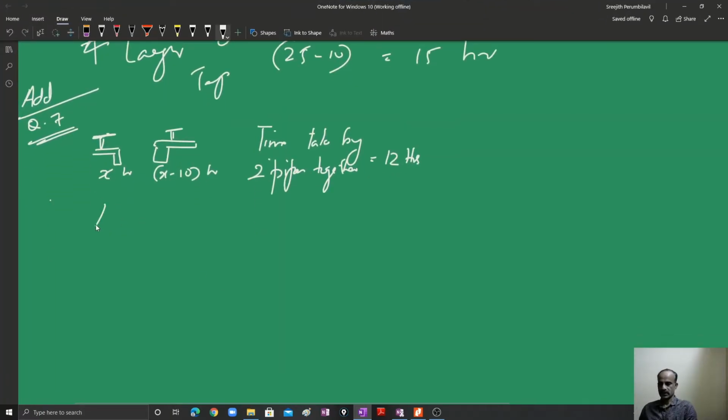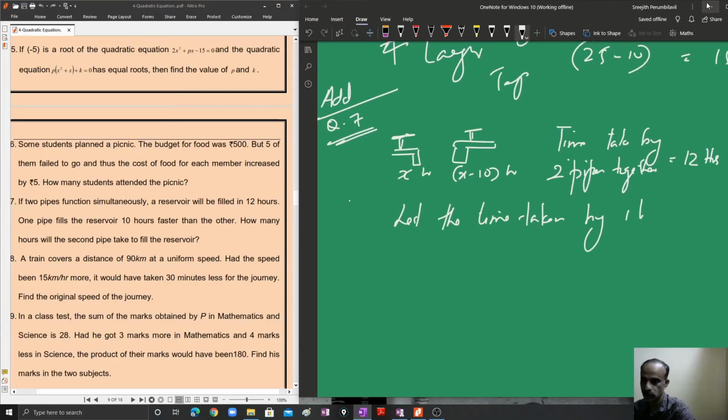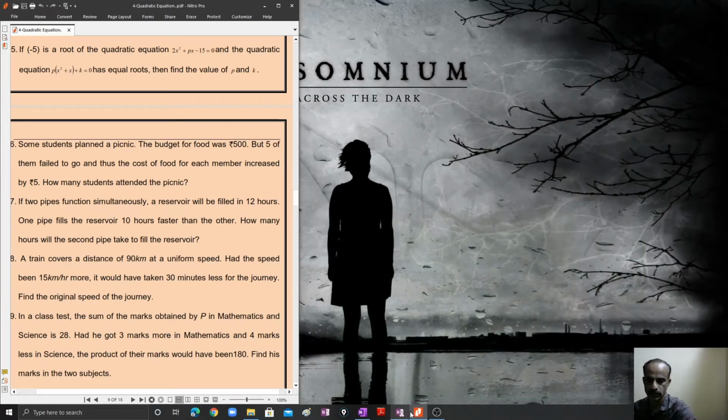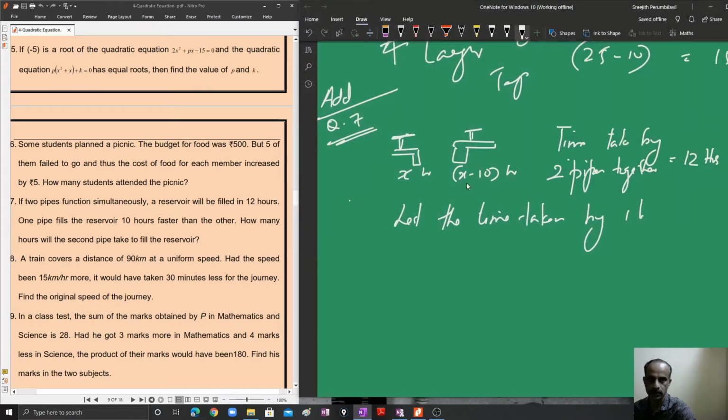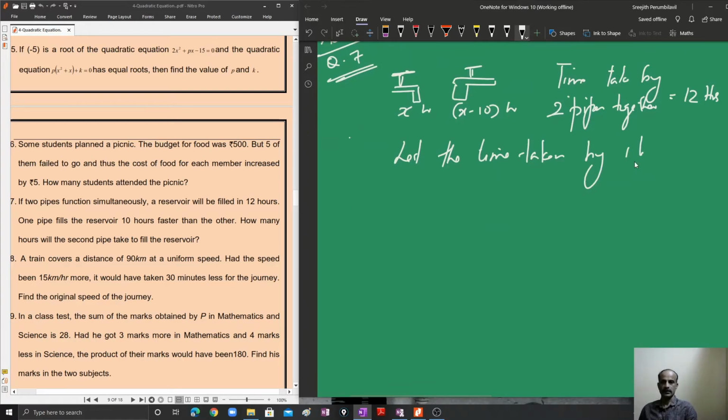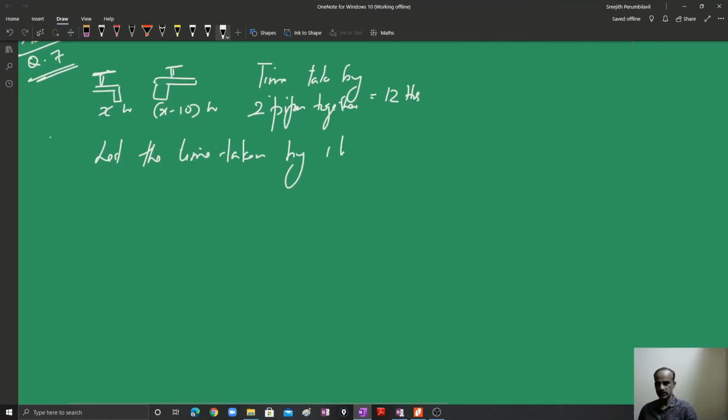So let us start. Let the time taken by the first pipe, what is the word used, tap or pipe? Two pipes. Okay, two pipes. Let the time taken by the first pipe, not tap, all the same, be x hours.